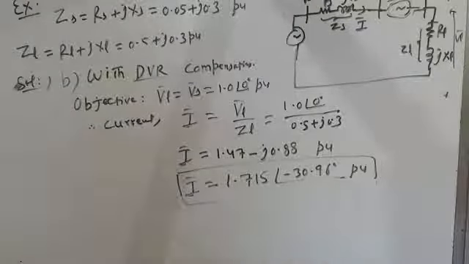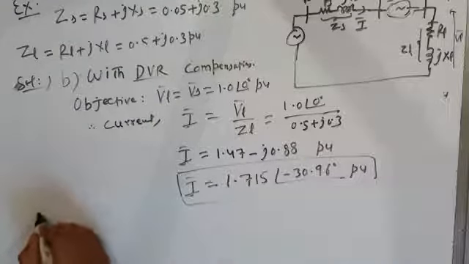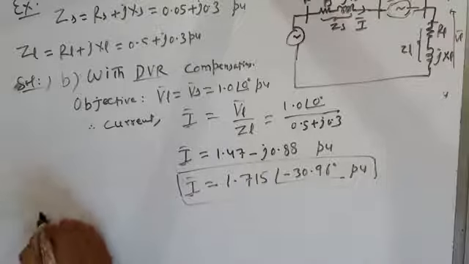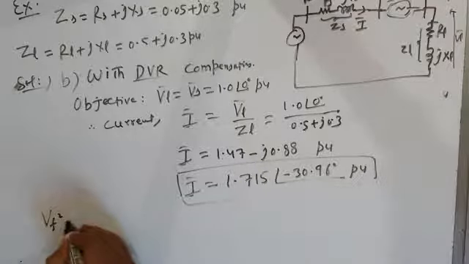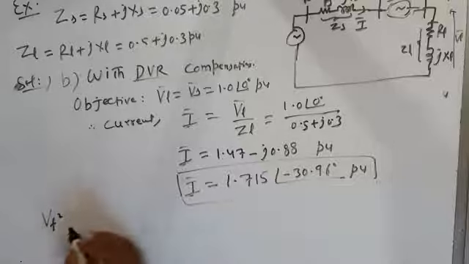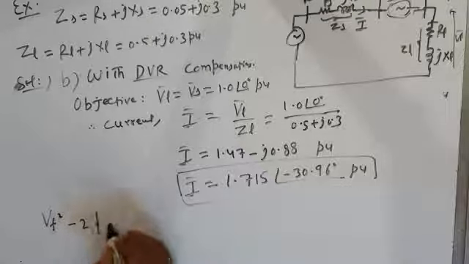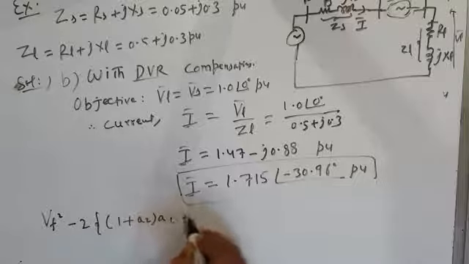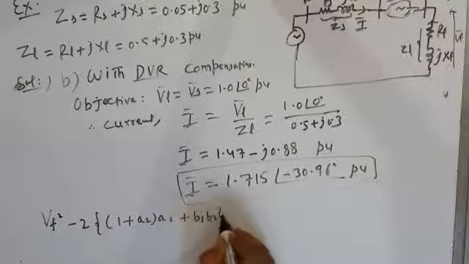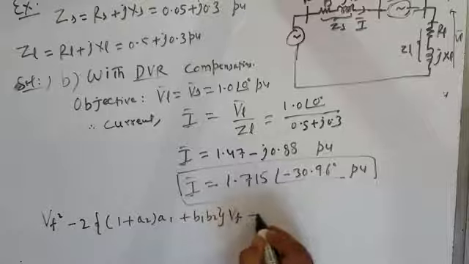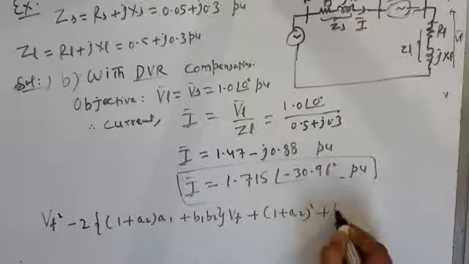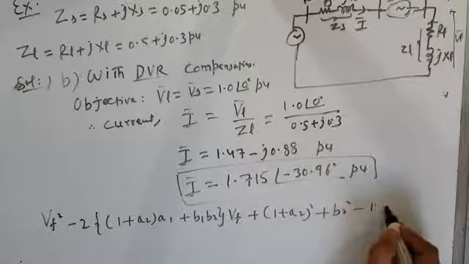For that, a few moments back we derived a formula. What was the formula? To calculate the DVR voltage, the formula was VF square minus 2 times (1 plus A2 into A1 plus B1 into B2) VF into VF plus (1 plus A2) whole square plus B2 square minus 1 equal to 0.